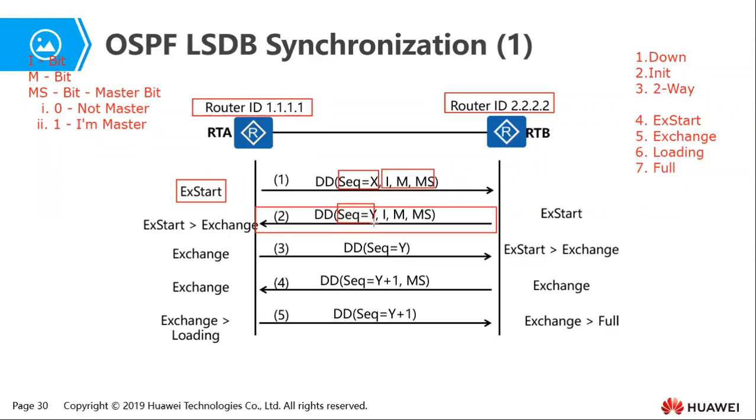RTB will have also generated a sequence number for its DDD packet and also asserted itself as the master. So when RTA receives that DDD packet from RTB, it will transition from the ExStart to the exchange state.